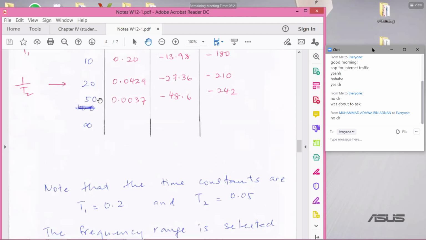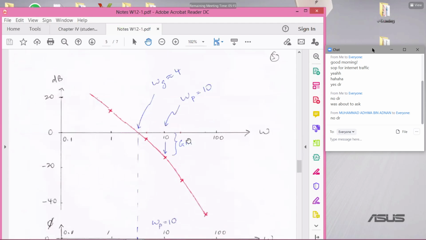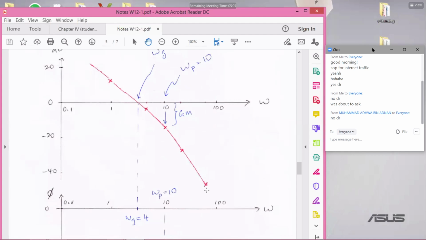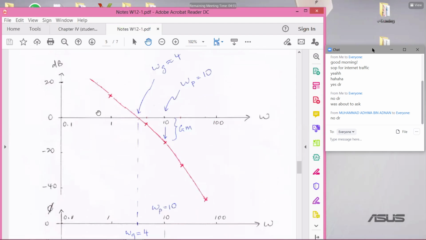And finally at frequency equal to 50, the value of decibel is -48 decibel or something. 50 is not halfway between 10 and 100, so you must go a little bit further, and that is your final point. Now you join those points together and you will get the decibel curve, or the first diagram of your Bode diagram.